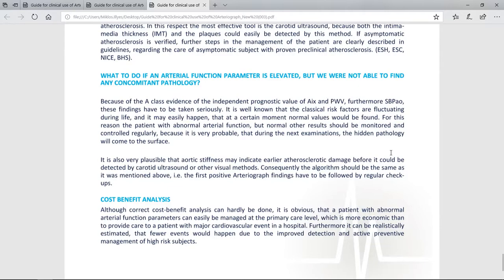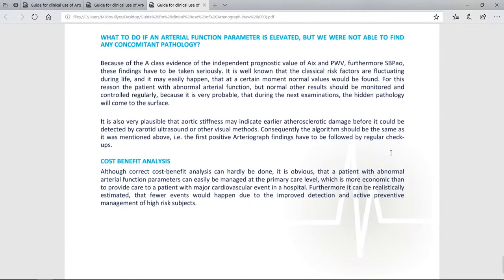It is also very plausible that aortic stiffness may indicate earlier atherosclerotic damage before it could be detected by carotid ultrasound or other visualization method. Consequently, the algorithm should be the same as mentioned above: the first positive arteriograph findings have to be followed by regular checkups.